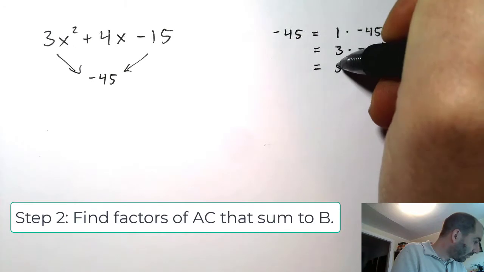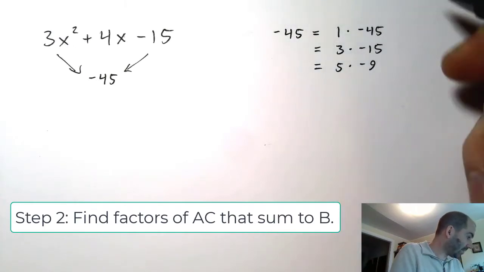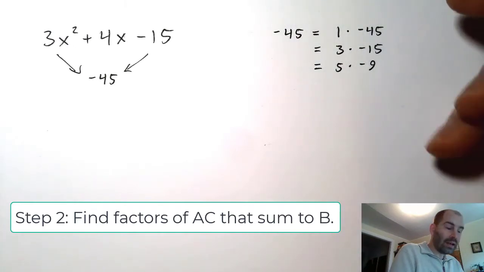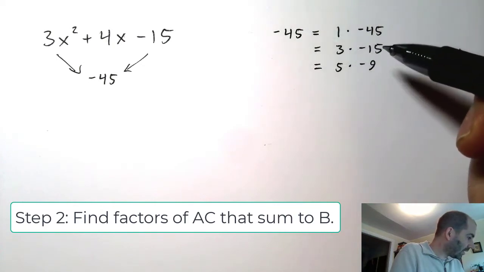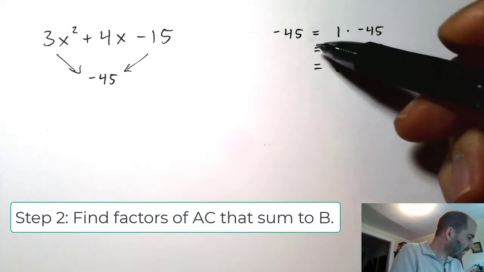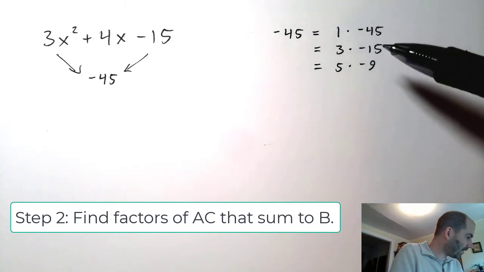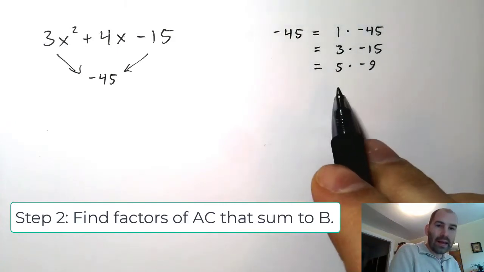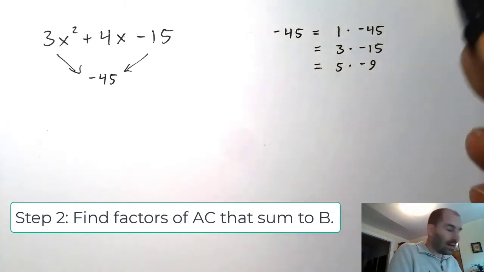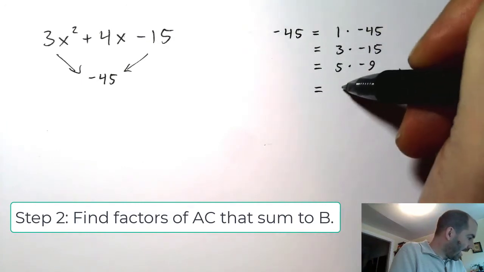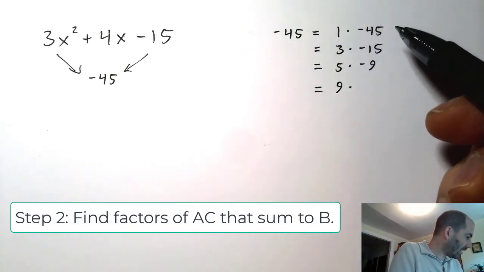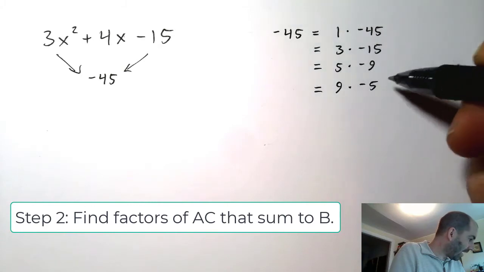Yes. 5 times negative 9. And we could keep going. What about 6? No. 7? No. 8? No. 9. Okay. Yeah. So 9 times negative 5.